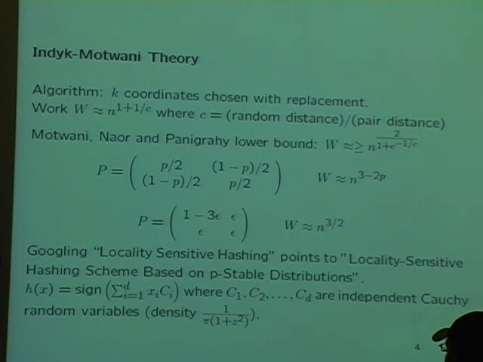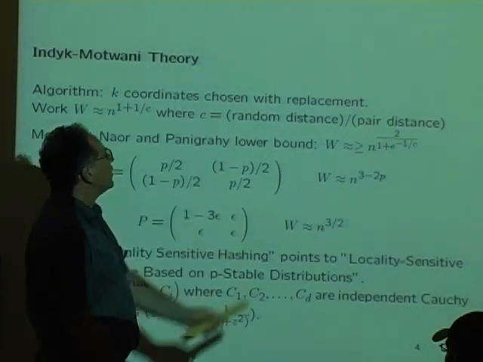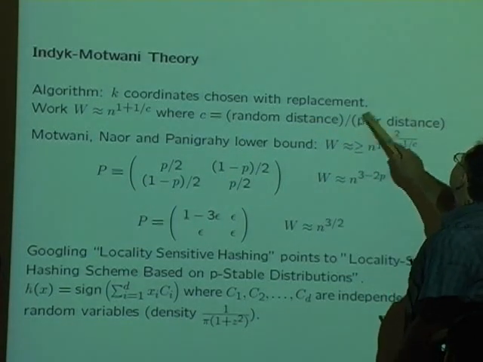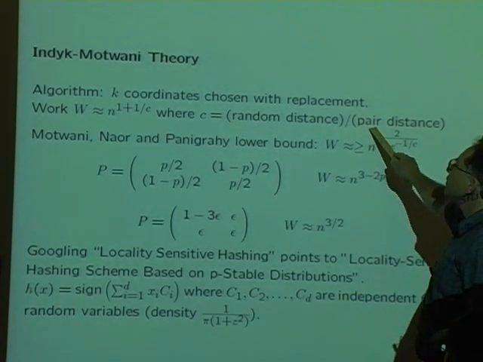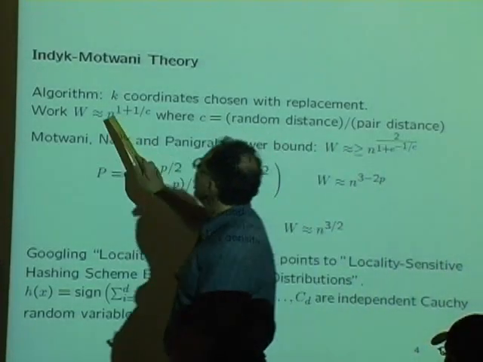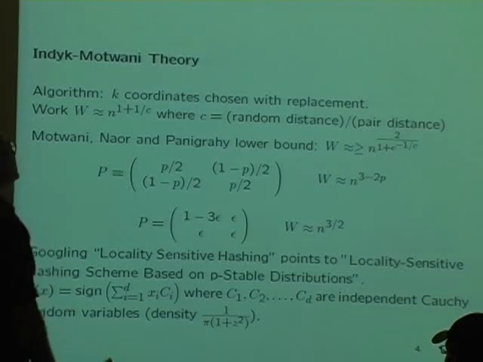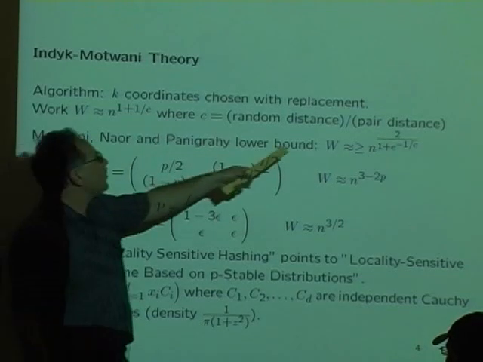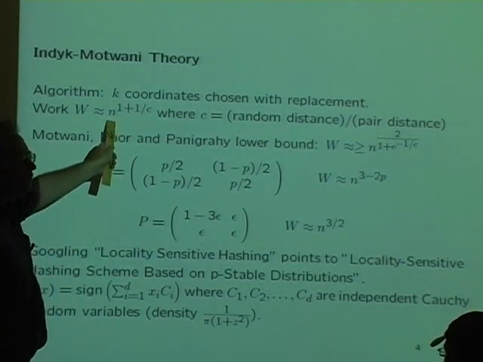And what turns out is the following. Suppose that you have a problem of trying to find the nearest neighbors, and there is a ratio C between the random distance between just 2 points anywhere, and the distance of the right pair. Now, if you have this ratio C, then you can do it with work n to the 1 plus 1 over C. So the larger C is, the larger the ratio between the random distance and a pair distance, the better you can do.